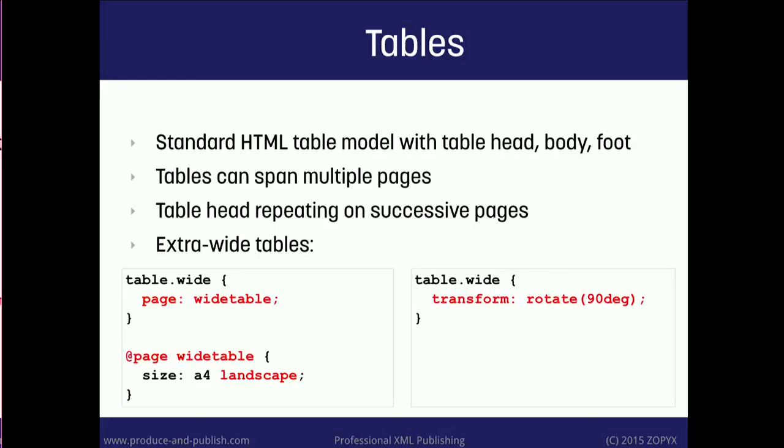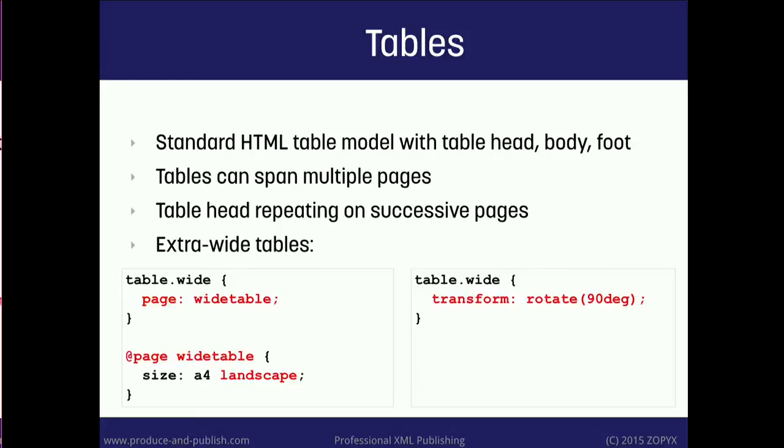Options for working with extra wide tables: if you know that your table is extra wide, you can give it, for example in HTML, a special CSS class like wide, and then make it a named page using page wide table.